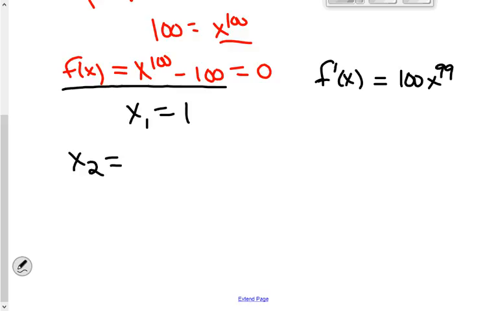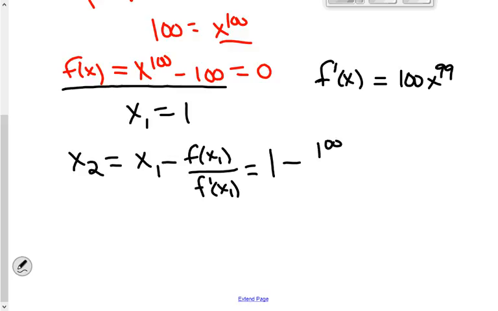My next approximation, again, is x1 minus f of x1 over f prime of x1. So that's going to give me 1 minus what? 1 to the 100 minus 100 over what?